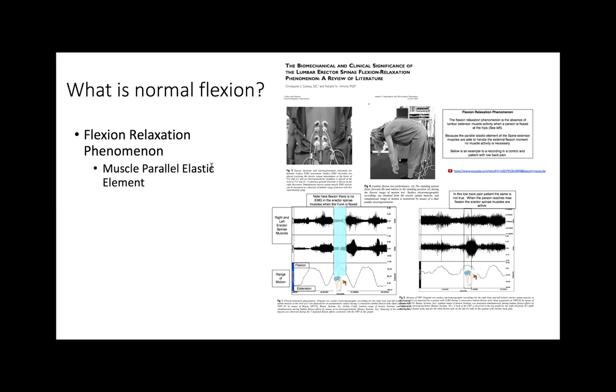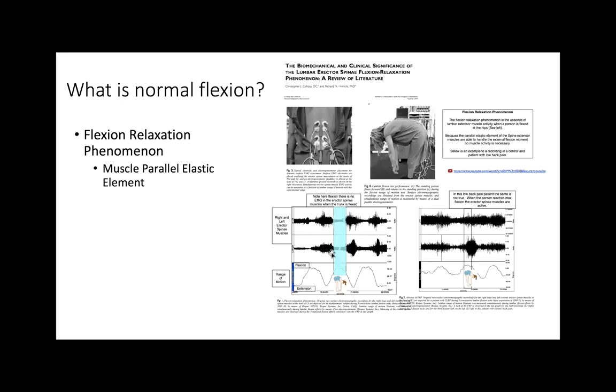So in this study, the flexion relaxation phenomenon, the tendency for the back muscles to relax when someone's forward bent like this, is being studied relative to low back pain. Here's the same kind of data, where we have angle data below and EMG above, and we can see the flexion occurring, and then they're holding for a second, and then going back into extension, and then repeating that cycle.